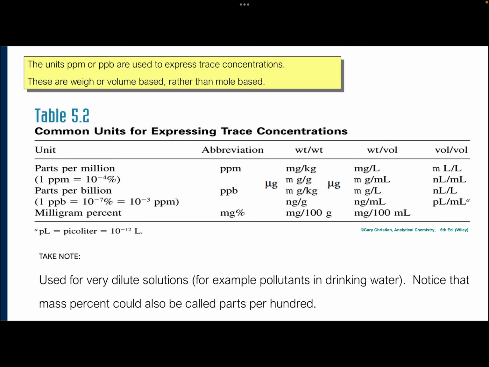The abbreviation for parts per million is ppm, for parts per billion is ppb, and for milligram percent is mg percent. Again, ppm and ppb are somewhat similar to percent weight per weight, gram per gram times 100. The only difference is that for ppm, we multiply by 10 to the 6, and for ppb, 10 to the 9.